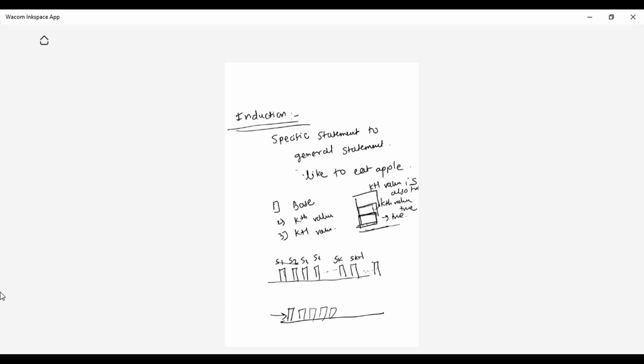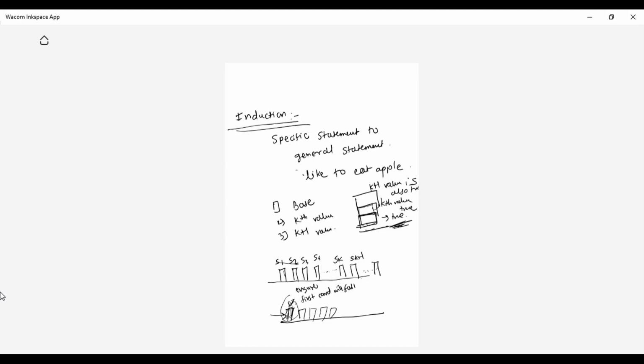So here, you have to ensure that the first card will fall. Now we have ensured that the first card will fall. If I flick it, the first card will fall. This is the base. And this base is true, we are saying, right? The first card will fall is true.